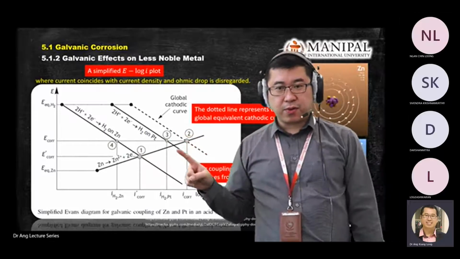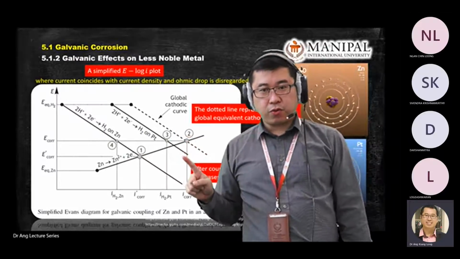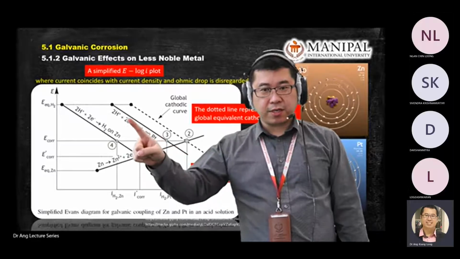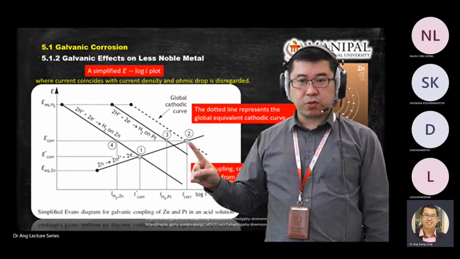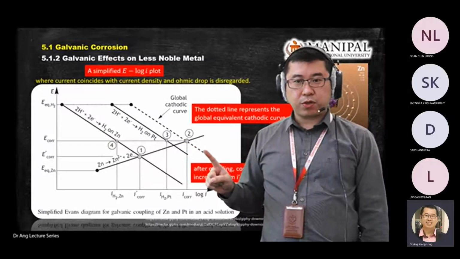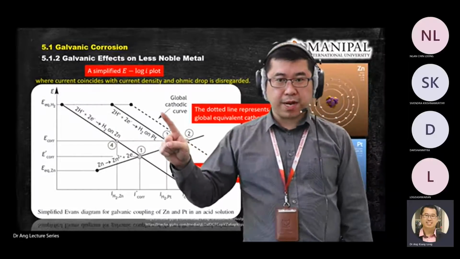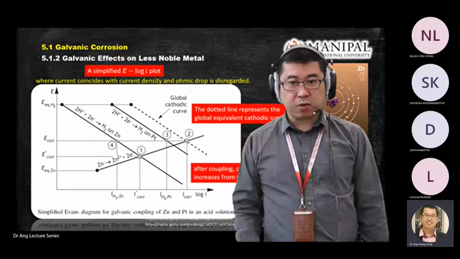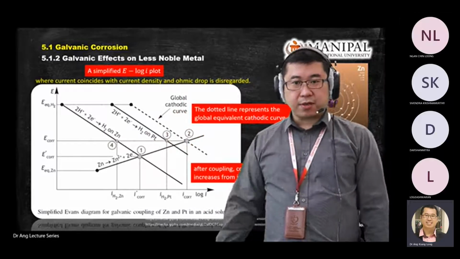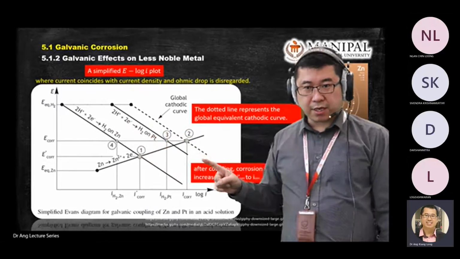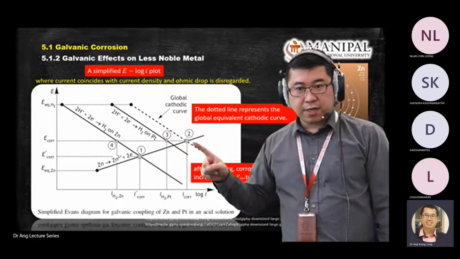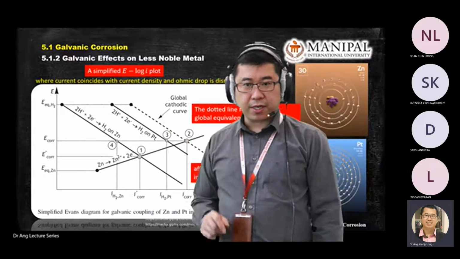You slowly push your ruler towards point 2, then use your ruler to mark the dashed line, and this becomes the global cathodic curve. You know that all these are cathodic, right? So this one is the global cathodic curve for the zinc.